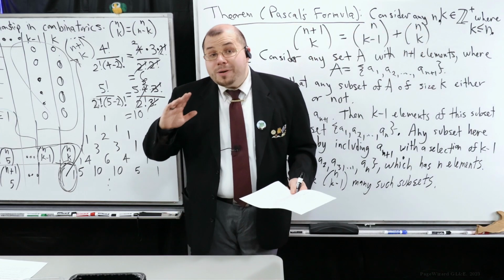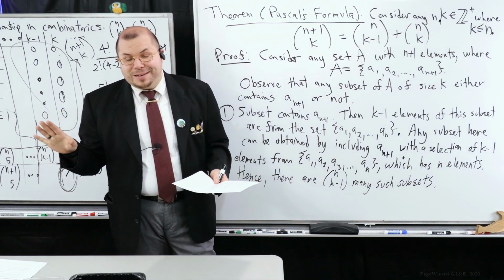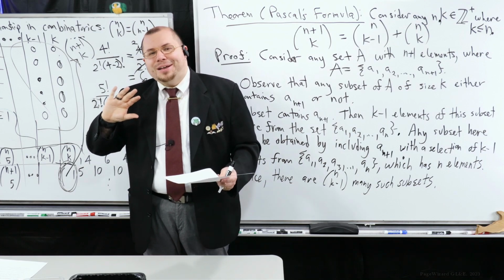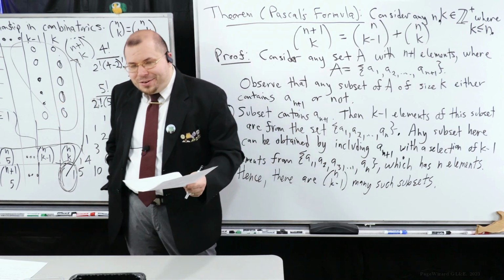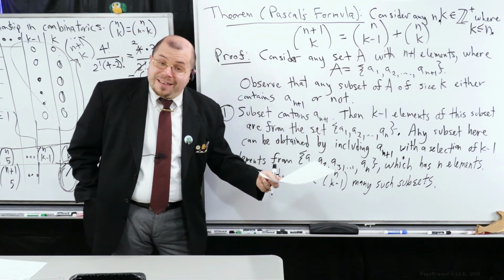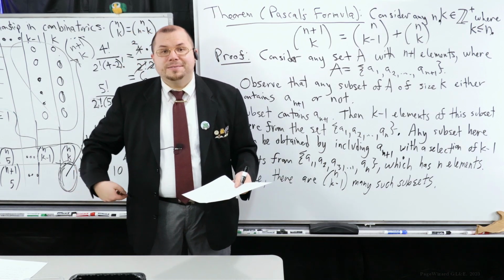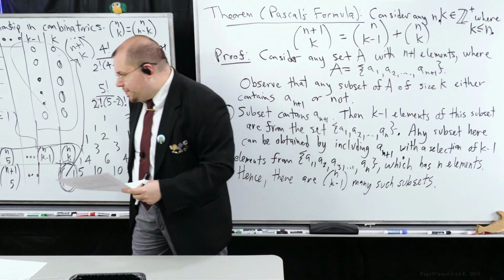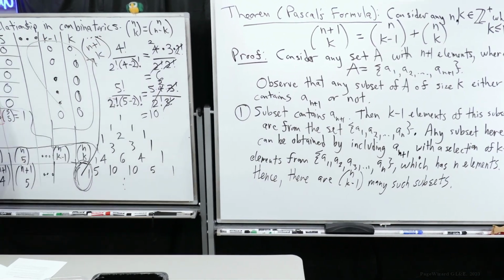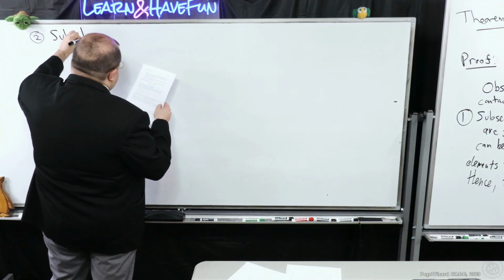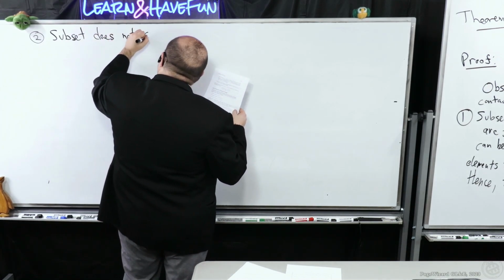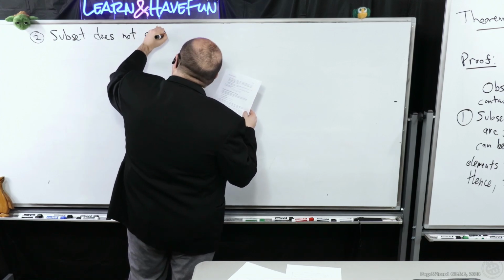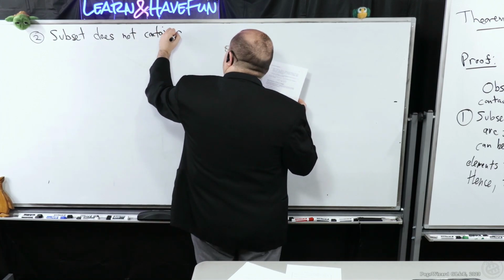That means now all we have left to do is consider all of the subsets that don't contain an plus 1. Because those are the only two possibilities. Either it contains an plus 1 or it doesn't. So let's head over here and take a look at the next case. So let's consider when a subset does not contain an plus 1.